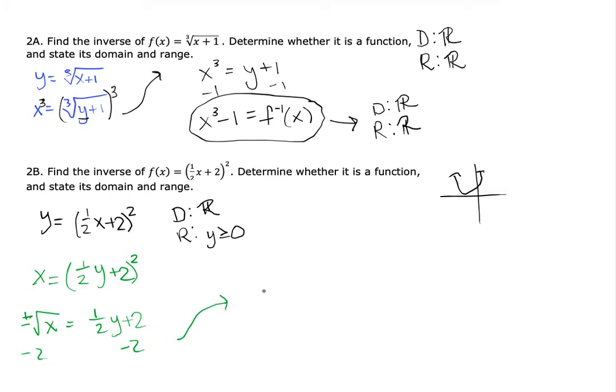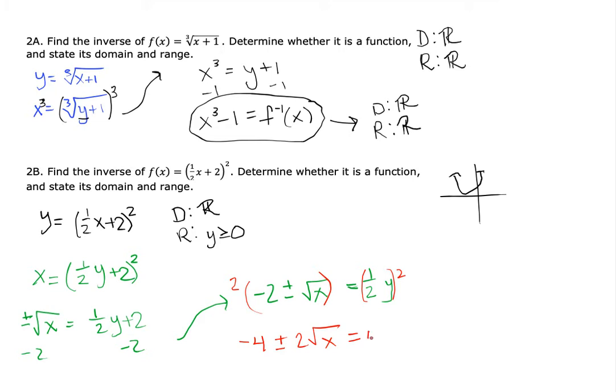So I have -2 plus or minus the square root of x equals 1/2 y. And then I need to multiply both sides by 2 or divide by 1/2. I'm just going to switch colors again, which gives me -4 plus or minus 2 square roots of x equals y.